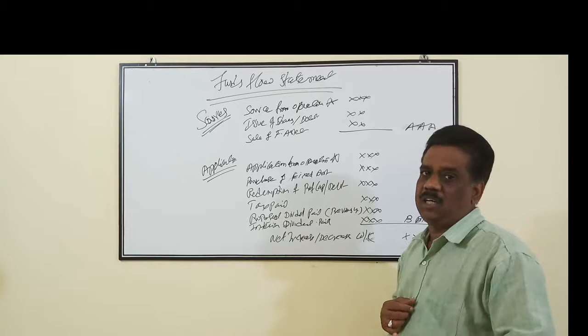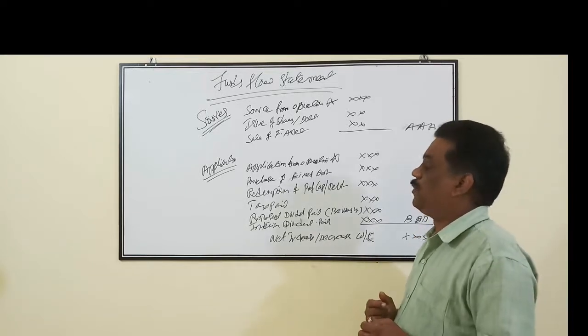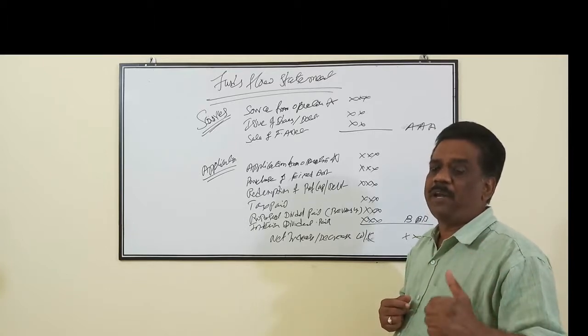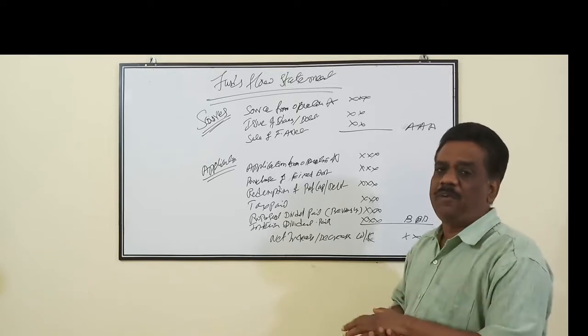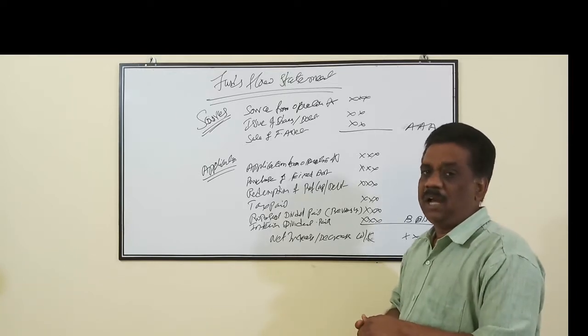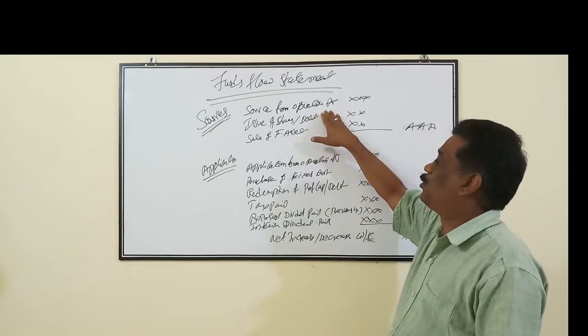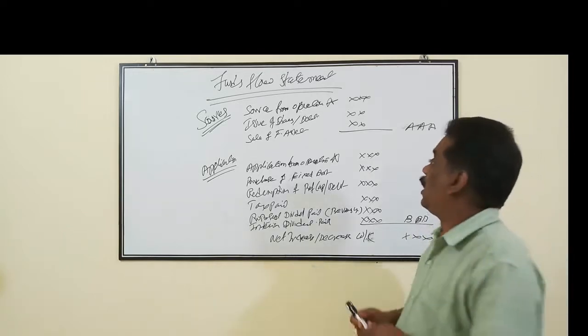All incoming funds are sources, all outgoing funds are applications. Besides that, profit made during the year, or source from operation, is prepared with the help of the profit and loss adjustment account. There you will have a source from operation or application from operation.